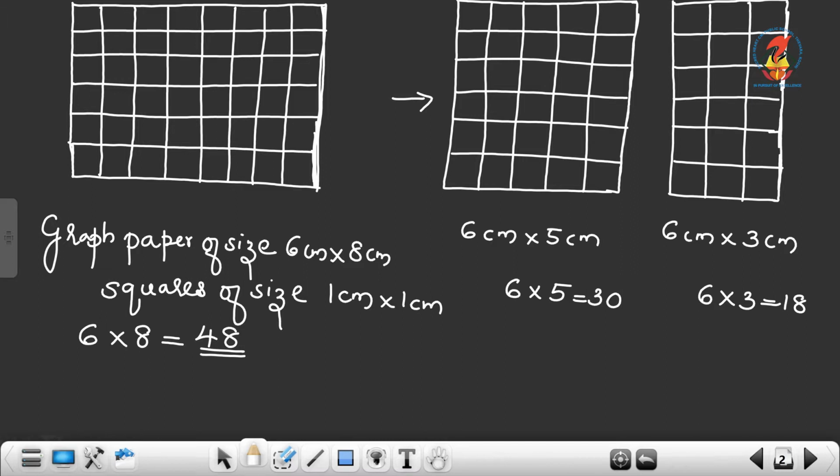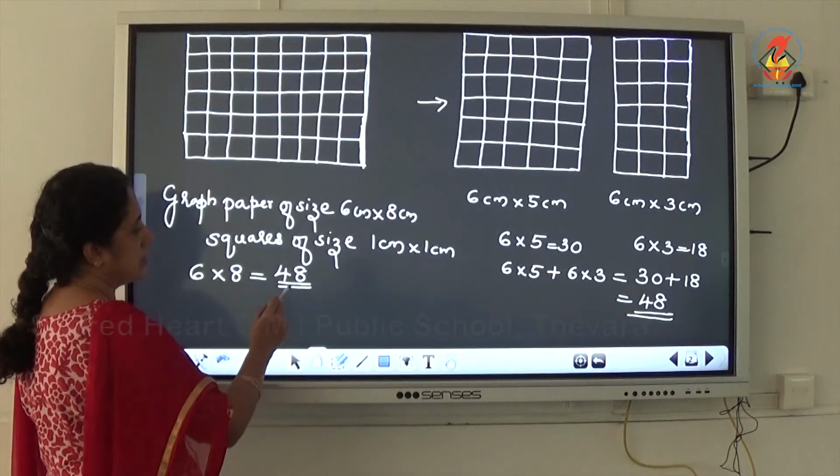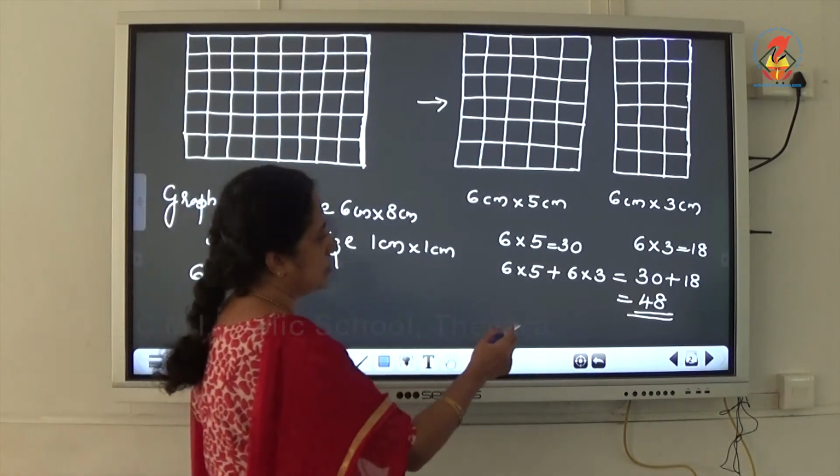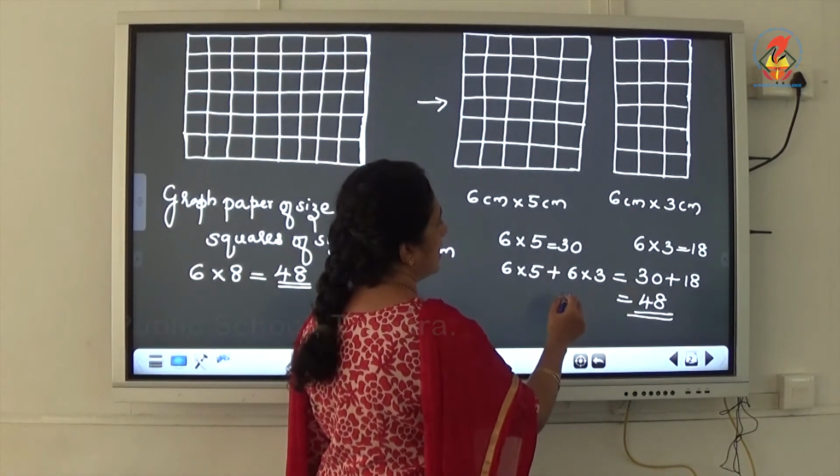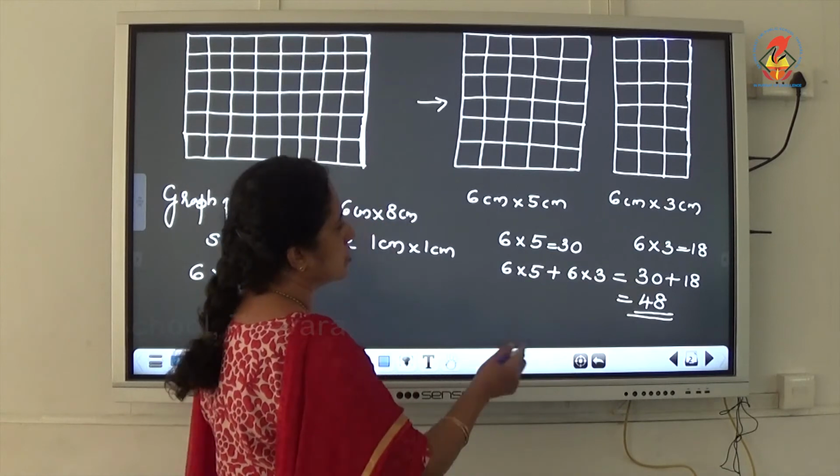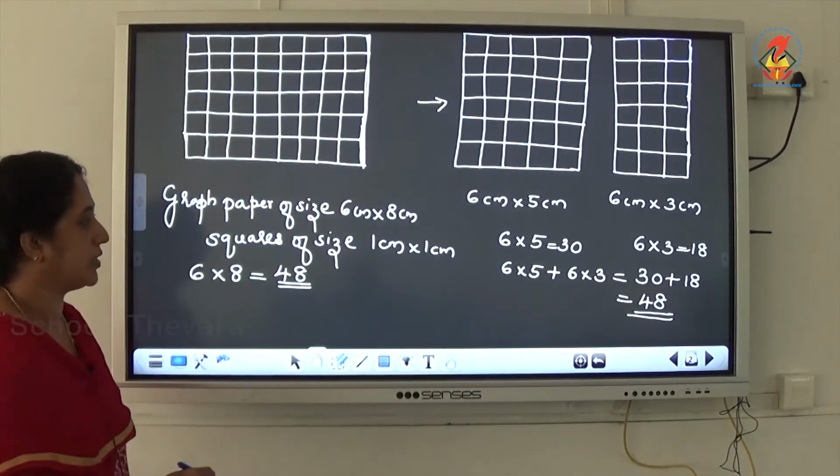It will be equal to 6 into 5 plus 6 into 3, which is equal to 30 plus 18, which is equal to 48. Before cutting the graph paper, the total number of squares is 48. If we cut it into two pieces, the total number of squares in those two pieces together is also 48.